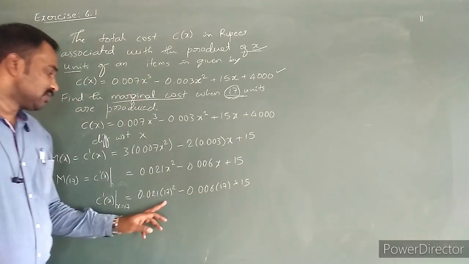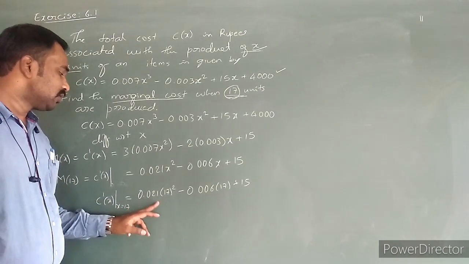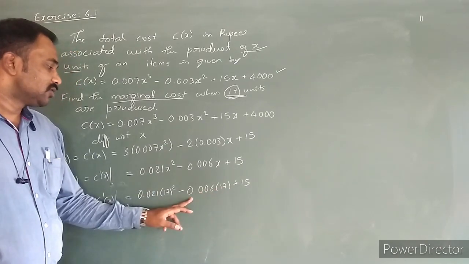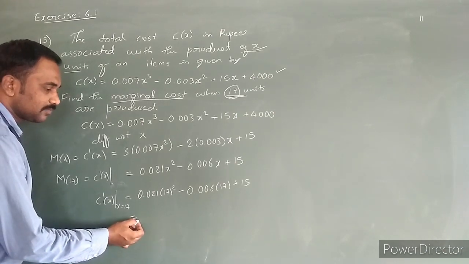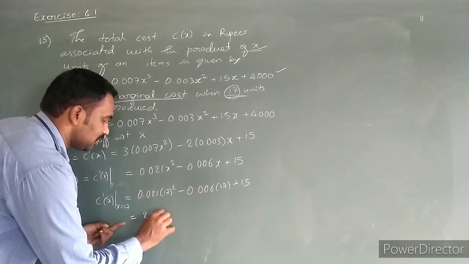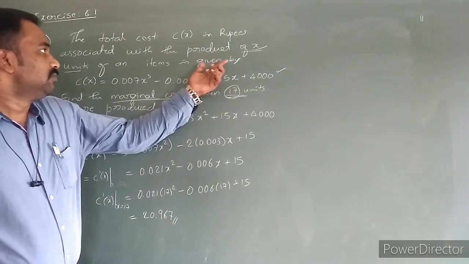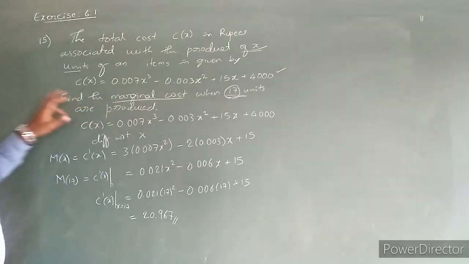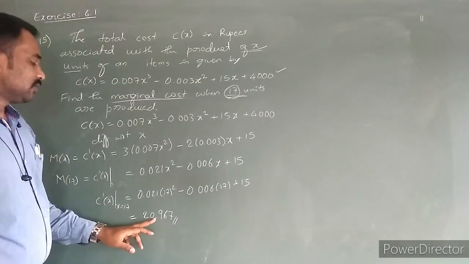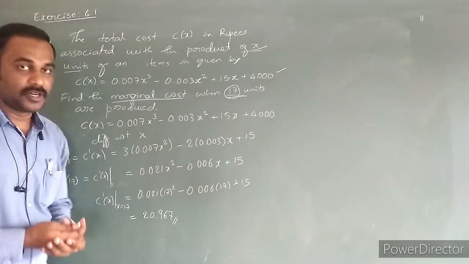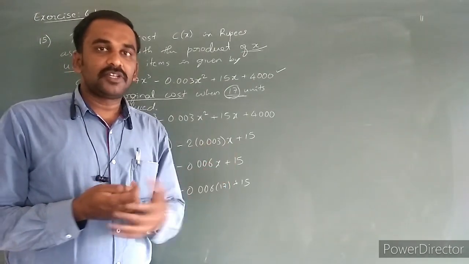After final simplification, the final answer is 20.967. The marginal cost of producing 17 units with respect to the cost function is 20.967. Okay, with this problem the application of derivative, rate measure, is completed.